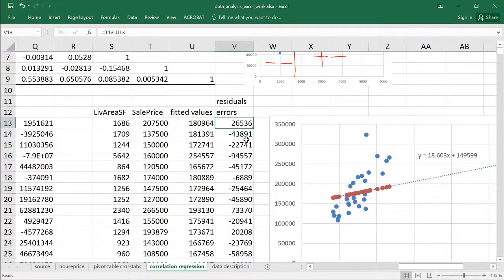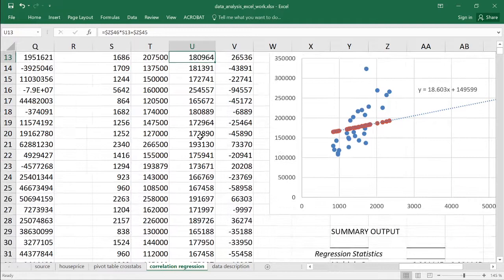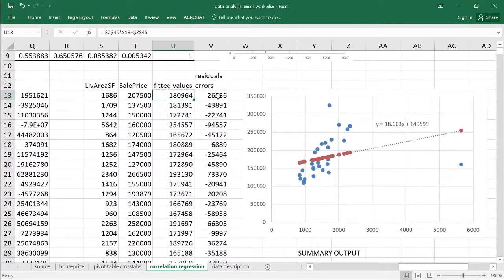So here we find a house which is actually more expensive than we would expect, and this expectation again is based on the entire data set here and the summary measures, mean, standard deviation, correlation, etc., slope, intercept. Now, these errors are a very important source of information about the quality of the regression.